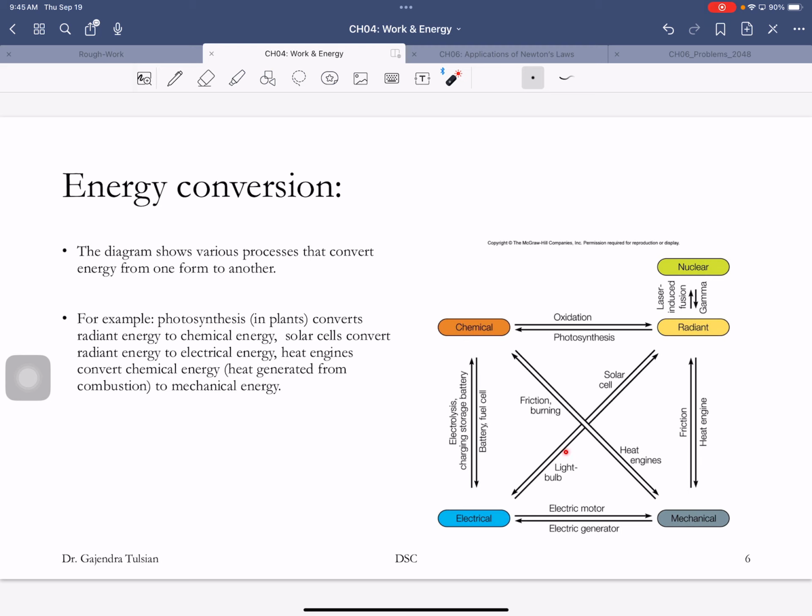Light bulbs can convert electrical energy back to electromagnetic radiation. Plants can convert electromagnetic energy into chemical energy for us. You can convert chemical energy via oxidation back to electromagnetic energy.